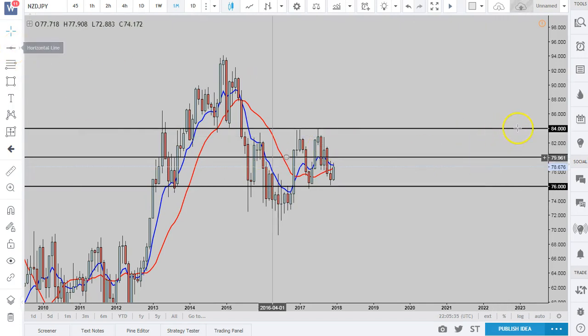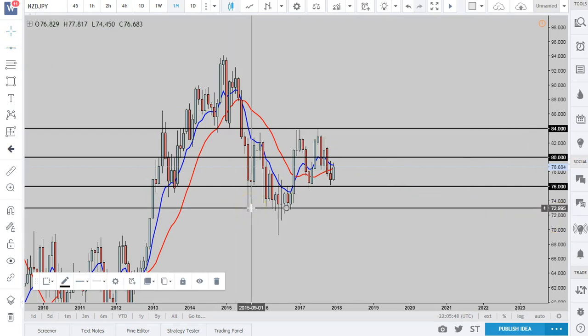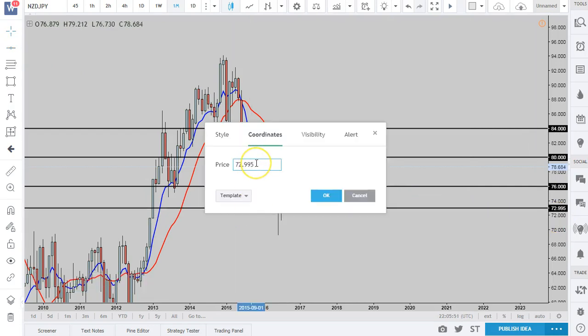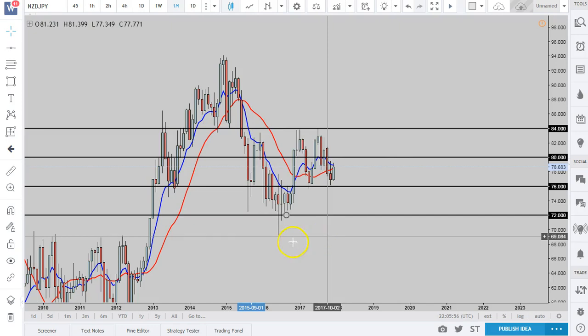This is number 1 resistance, number 2 resistance, number 1 support, and another support. The other support is going to be at 72.100, right? These things work perfectly if you know how to use them. 72.0 is our next range. You can see market rejecting from that zone.